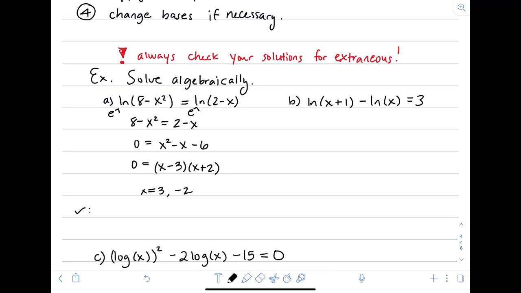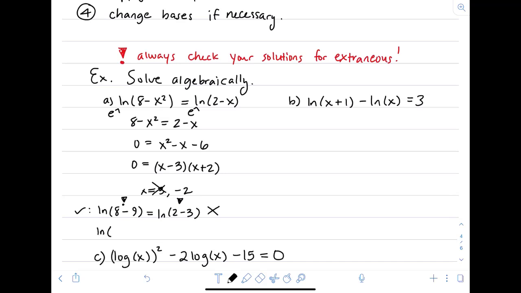So when we check, we're going to plug in and see. If I plug in 3, 8 minus 3 squared is 8 minus 9. Does that equal ln of 2 minus 3? Yikes! We got a negative. Just having a negative, even on the left side, would be bad enough. So we've got to cross out 3. 3 is not actually a viable solution. Let's try the negative 2.